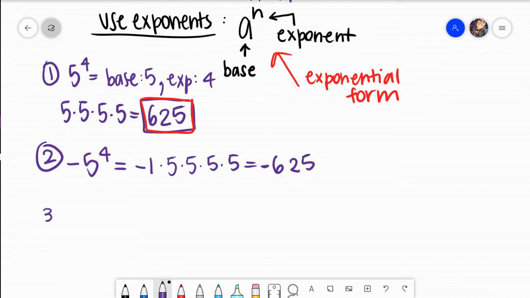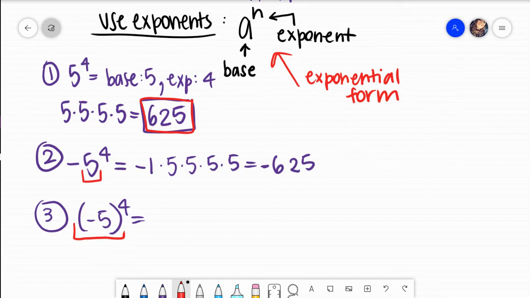But if you see it like this, y'all, in parentheses, now that whole thing is my base. Does that make sense? Those parentheses tell you that the negative sign is attached to and a part of your base. In the original problem that we did before this, it was right next to it.